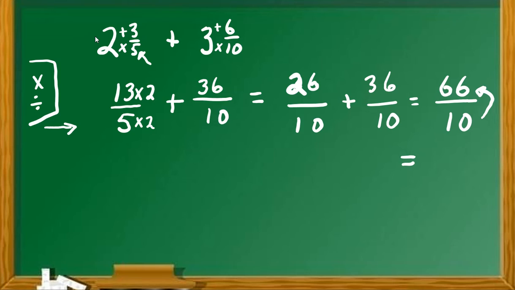This again is what the bottom or the denominator tells us. The top or the numerator tells us how many pieces we have. So a little bit of quick division here. 10 goes into 66 6 times, and we have 6 remaining, and those pieces remaining are tenths. The bottom stays the same.